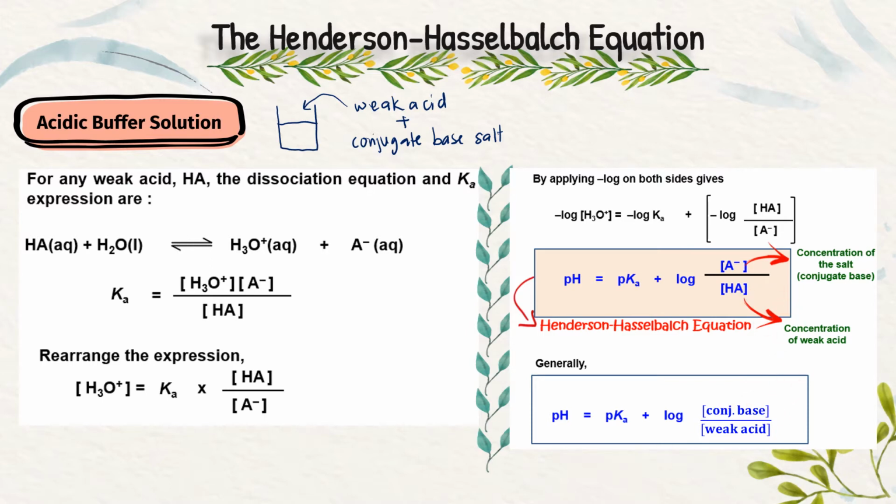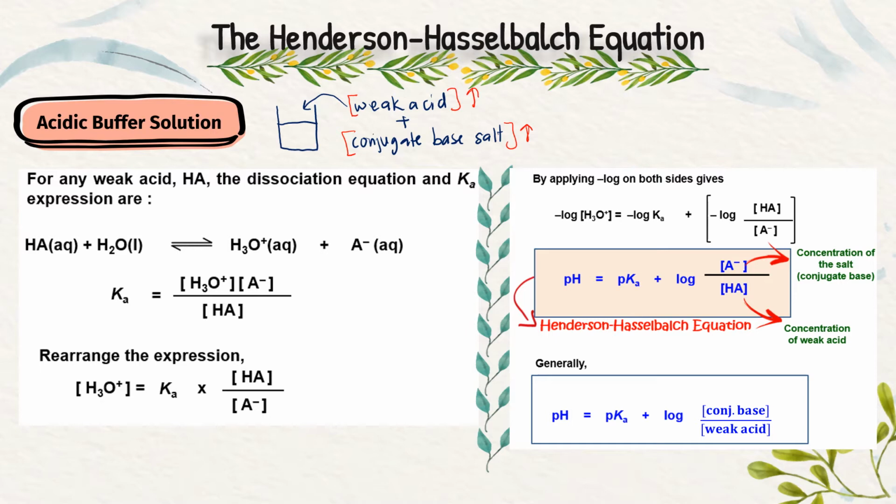Now, untuk kita kira the pH of the system at first, awak kena ingat balik, bila kita cerita tentang buffer, we have over here a very high concentration of a weak acid and also very high concentration of a conjugate base salt.